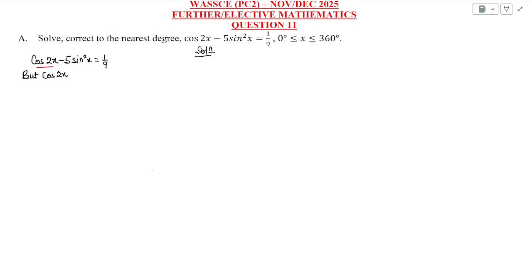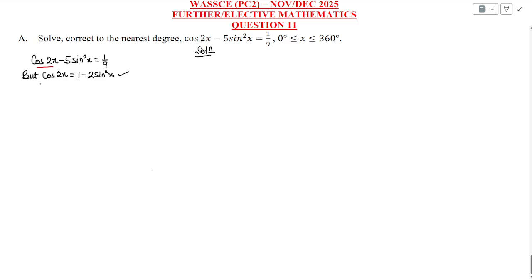If you want to solve everything in cos, you have to change the sine squared x. So cos 2x can be expanded as 1 minus 2 sine squared x. This is where we end our expansion.